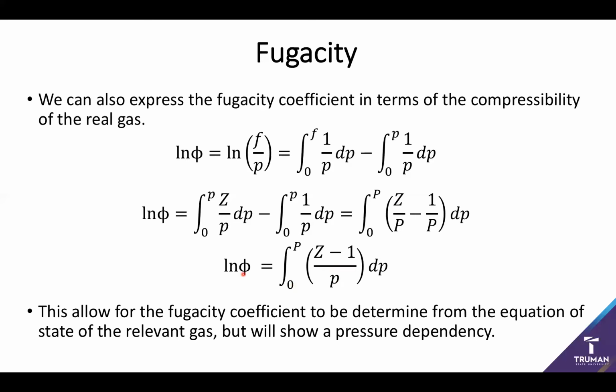However, one of the things I really want to illustrate is that it turns out that the fugacity coefficient of the system is going to have a pressure dependence because, again, the value is going to depend on how far into this equation I integrate. And again, as we've seen previously, my compressibility factor will also see a temperature dependence.